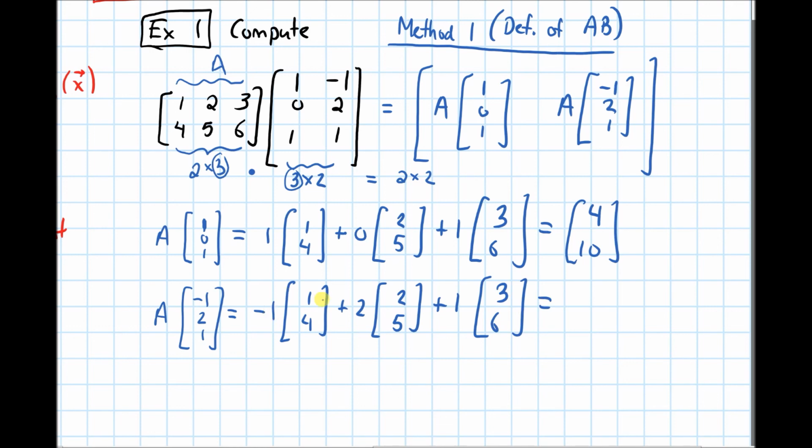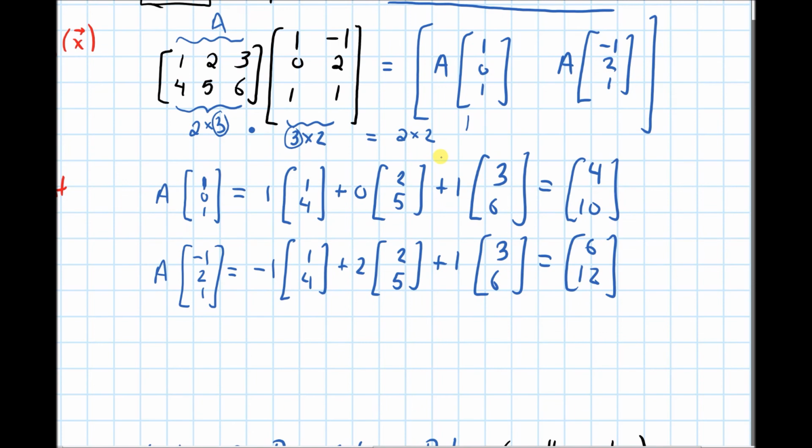And if we work this out, we'll get 6, 12.